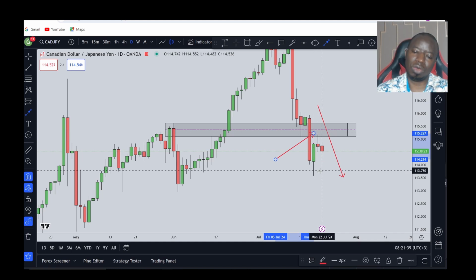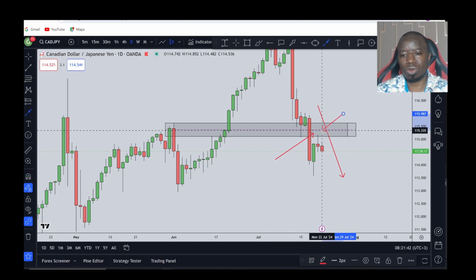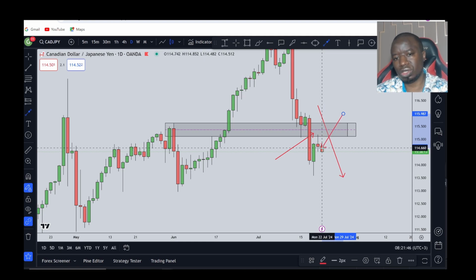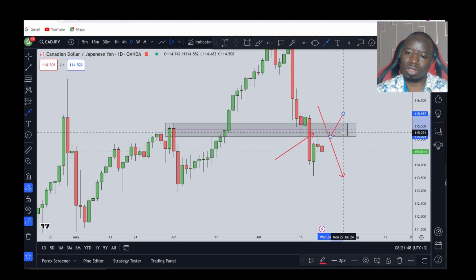And so with that rejection, which had a strong rejection wick to the upside and a bearish close to the downside, it's an indication to us that the bears are now coming into the market. The small retracement that happened during this move to the upside has ended.